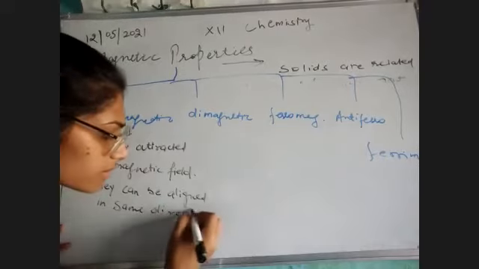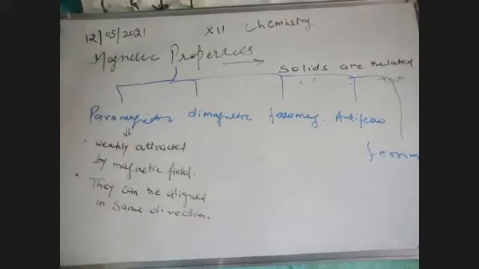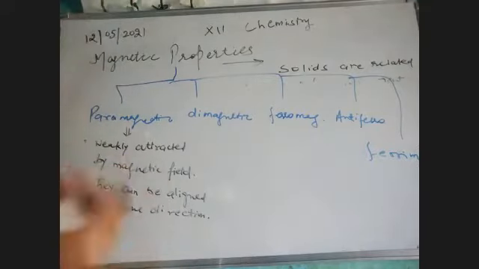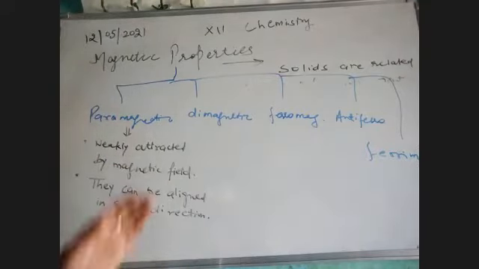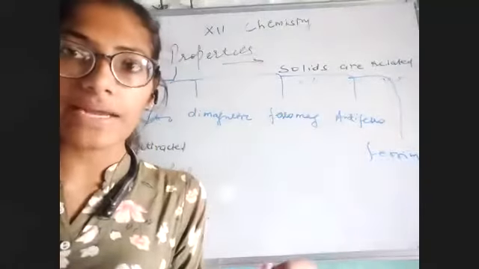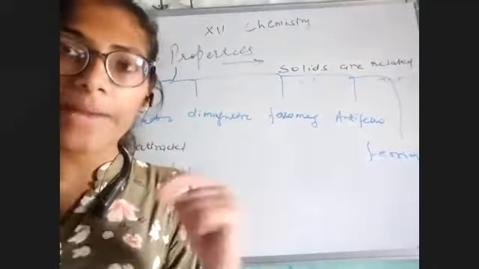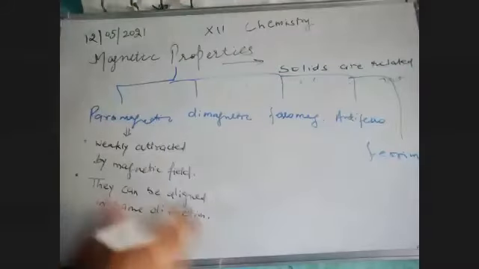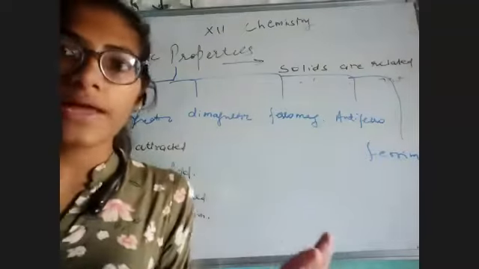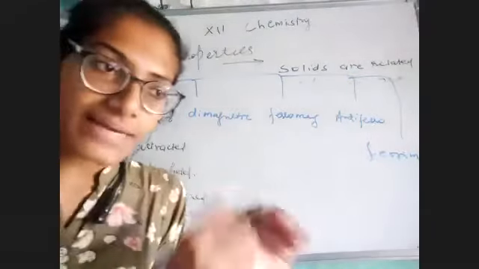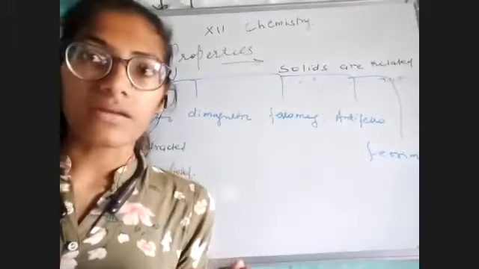What does it mean? It means that whenever we apply a magnetic field and put our paramagnetic substance in it, the direction of the magnetic field and the direction of the paramagnetic field are exactly the same. They are weakly attracted by the magnetic field; whenever I put a magnetic field there, these paramagnetic substances start attracting to that particular magnetic field.